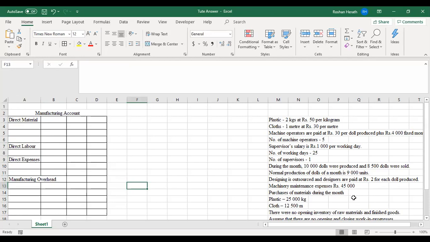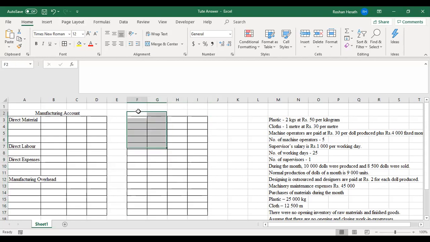Right. So this is the basic structure of the manufacturing account, as well as let me have a structure of profit or loss. So that will help me to identify the period cost.